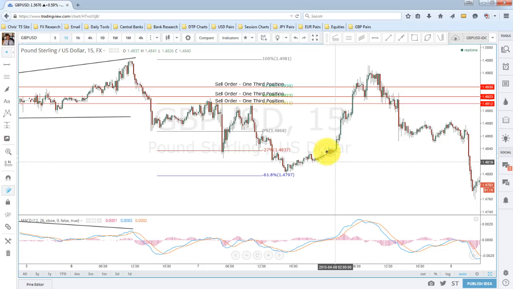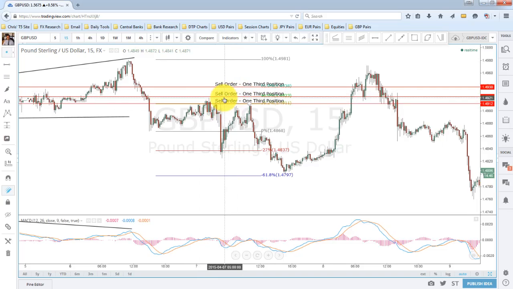Okay, so basically, if you want to get into more trades, even the trades that only retrace 38%, this is a way to do it, being a little more conservative and also being able to have a decent reward to risk on your trades.